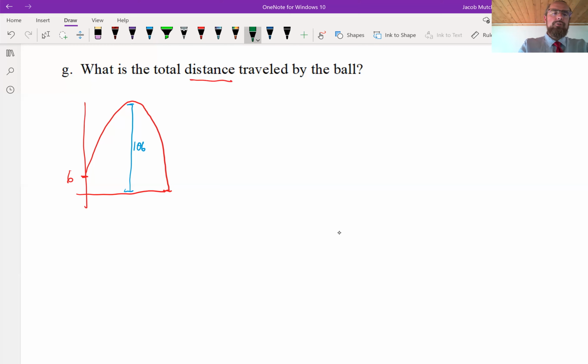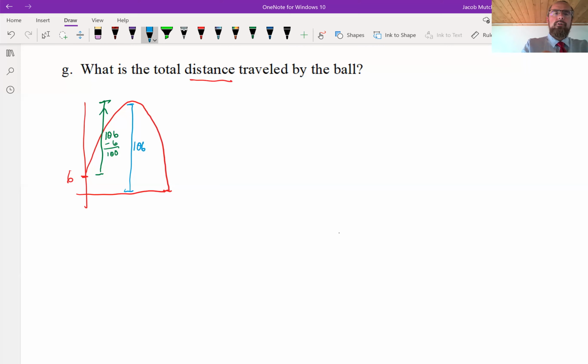So from the first path, if we're starting from 6 feet and it goes to a height of 106 feet above the ground, that first travel upward would have gone 106 minus 6, which would give us a journey of 100 feet into the air. Let's put an arrow on it because that's headed up.